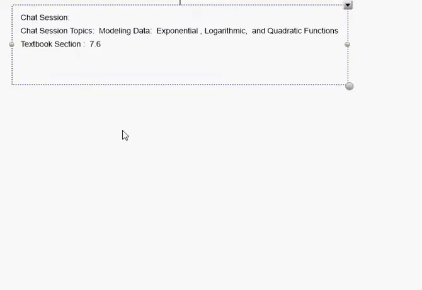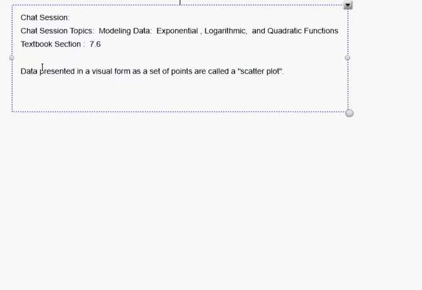Data presented in a visual form as a set of points are called a scatter plot. The scatter plot has the points plotted but not connected.